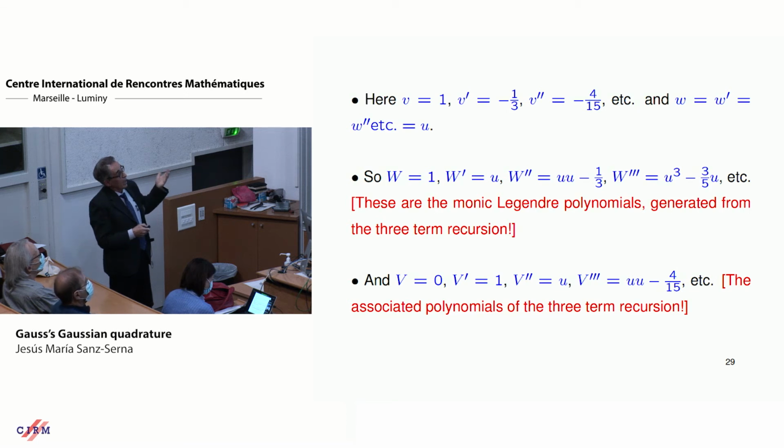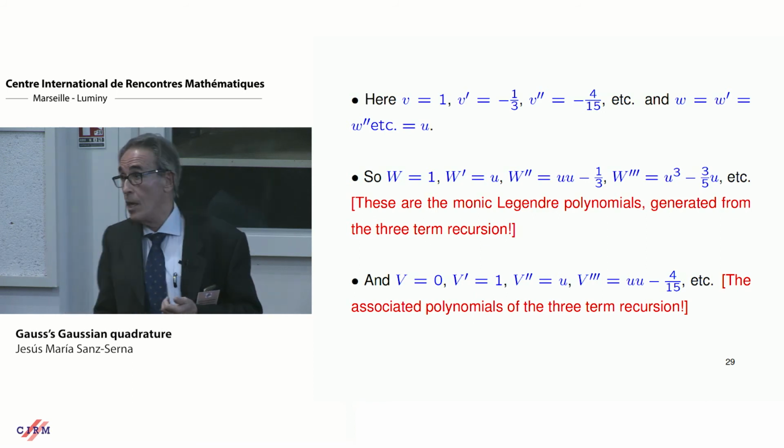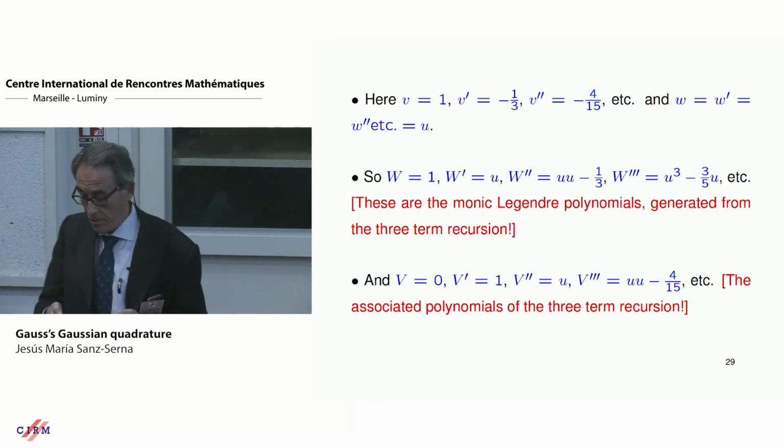And then he computes the V's and W's. He notes that in the denominators, the W's get this expression where we now recognize the Legendre polynomials, and the V's are the associate polynomials of the three-term recursions.